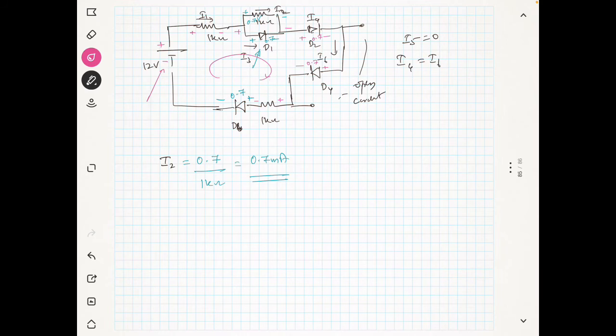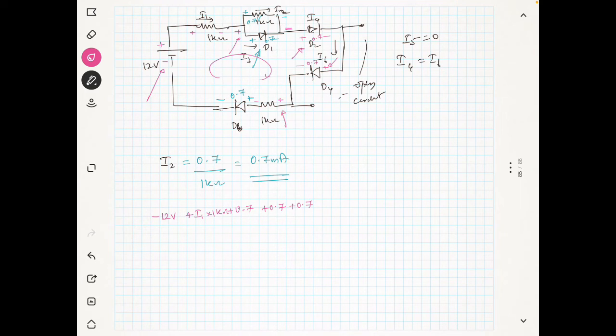I will start from here: minus 12 volt plus I1 into 1 kilo ohm. Then again here plus 0.7 volt. Again you can see here plus 0.7 volt. Again you can see here plus 0.7 volt.